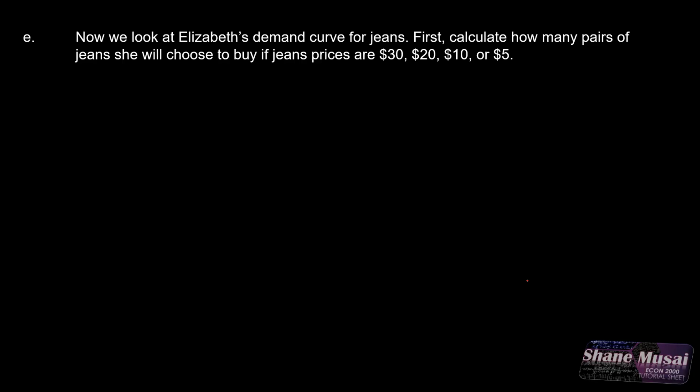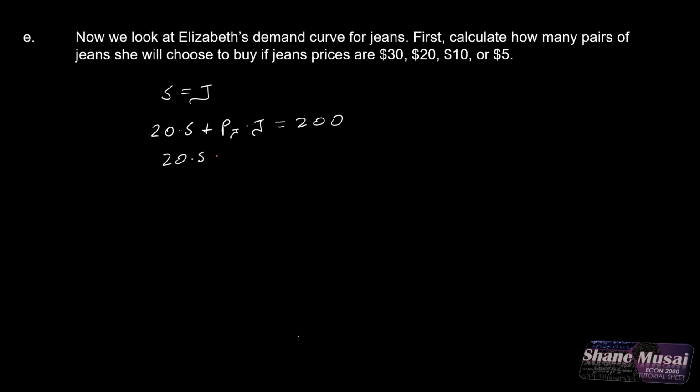Now, we look at Elizabeth's demand curve for jeans. First, calculate how many pairs of jeans she will choose to buy if jeans prices are $30, $20, $10, or $5. To answer this, we know that 20S plus the price of J times the number of jeans is equal to 200.